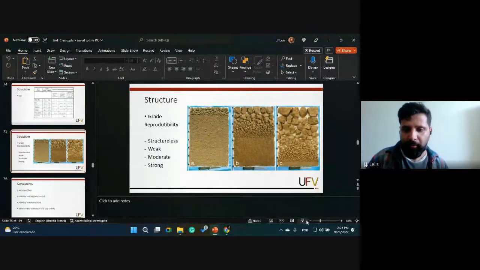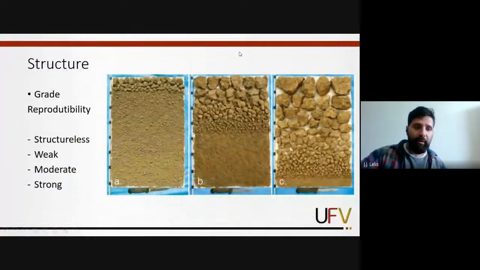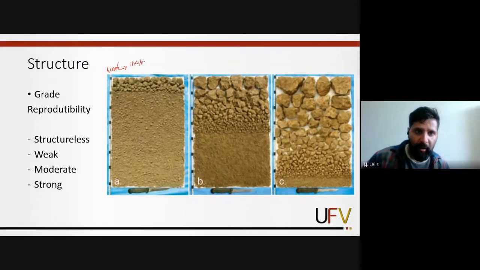Okay. So we can find a weak structure, a weak grade, in soils that are incipient. And we commonly find them in very steep areas where the slope favors erosion.